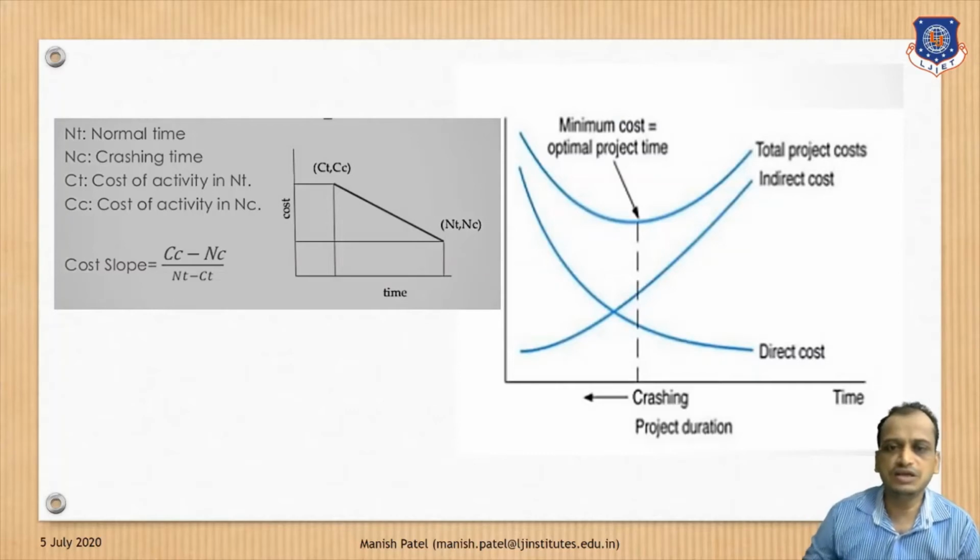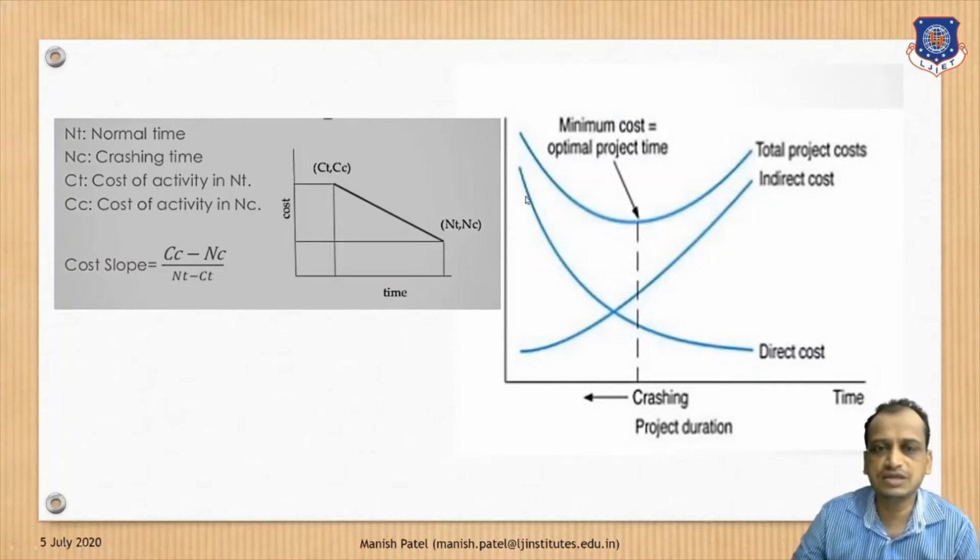Here if you see the graph, it shows the time and cost trade-off. As the project duration increases, the direct cost decreases, but the indirect cost increases. So the total project cost is somewhat like this kind of curve.